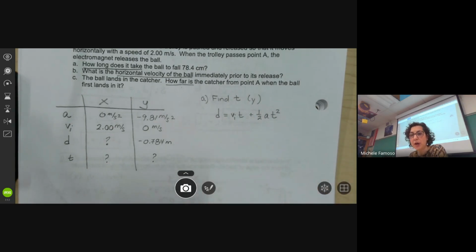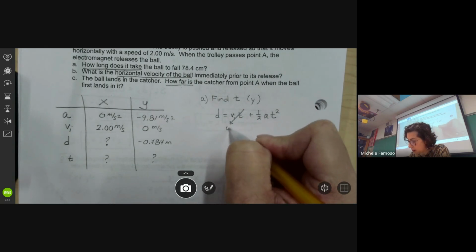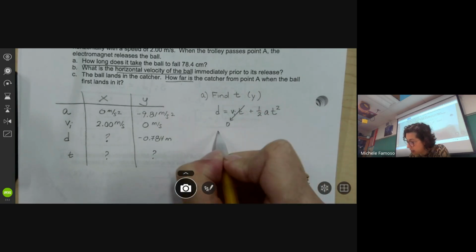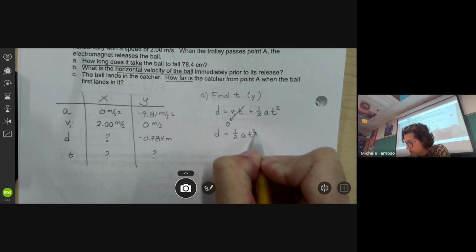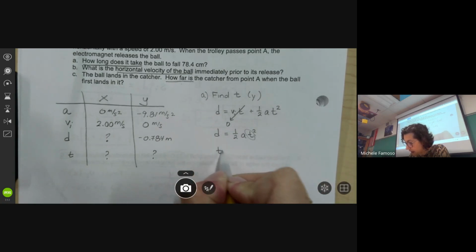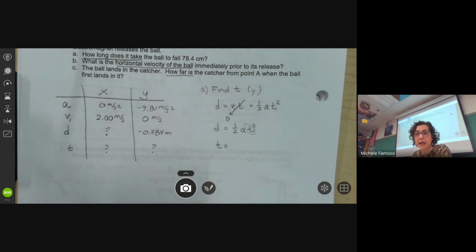Now, Alex, what's going to drop out of this equation since I'm using it in the y direction? Yeah, the vi t is going to drop out because 0 times anything is 0, leaving me with d is 1/2 a t squared. If I now isolate the variable t, Nikolai, what am I going to get?